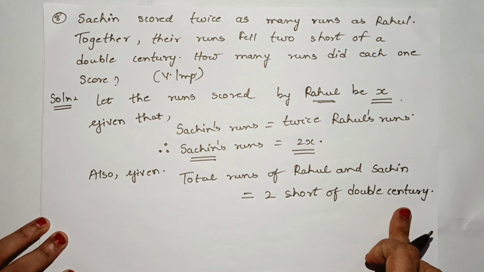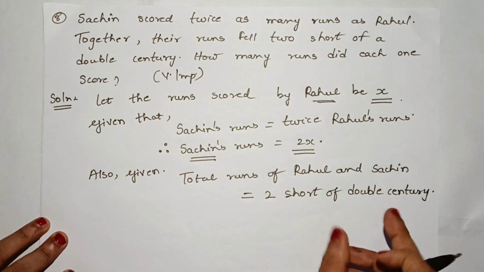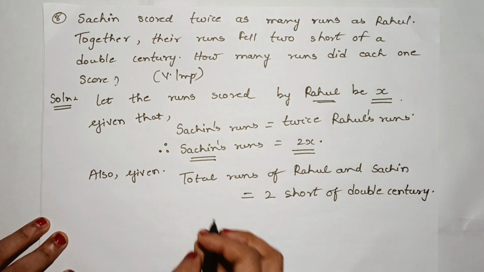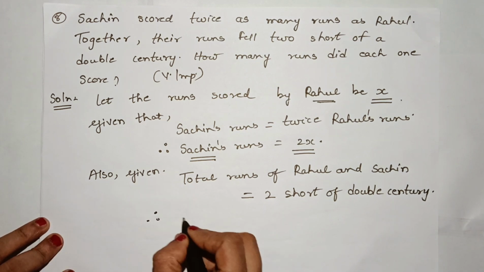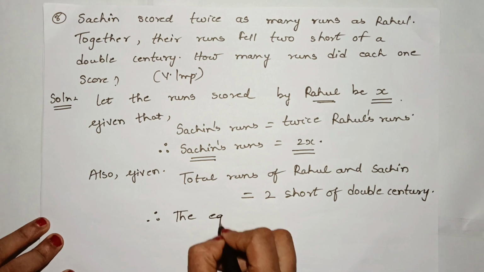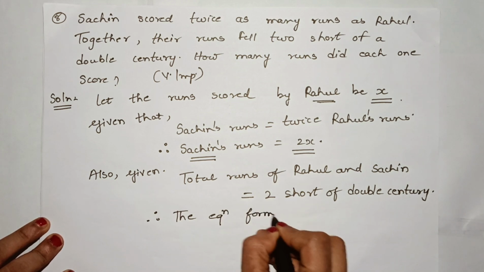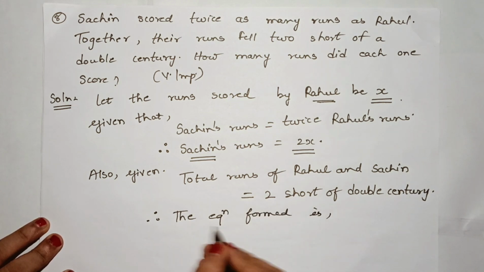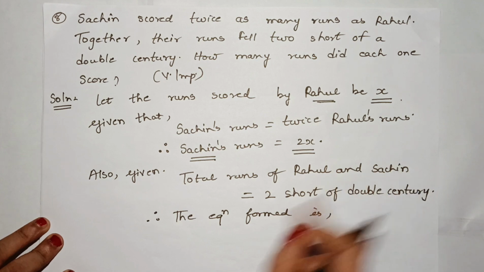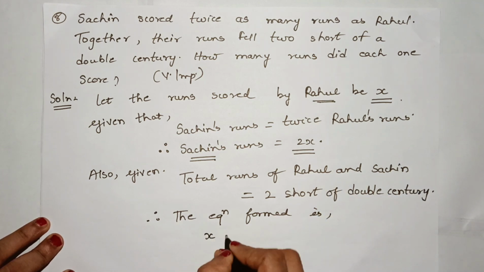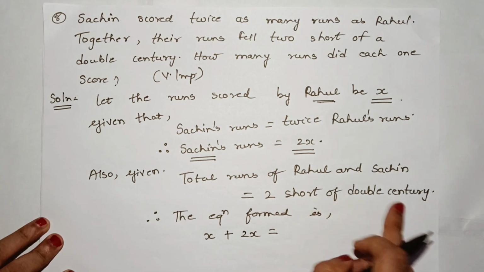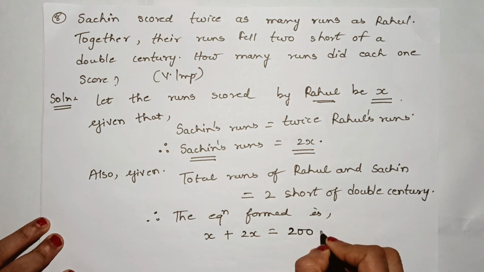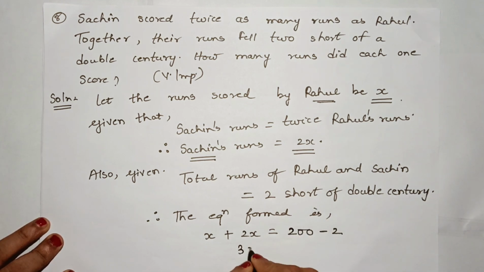Double century means 200, and 2 short means 200 minus 2. Therefore, according to the question, the equation formed is, total runs of Rahul and Sachin, x plus 2x equals 2 short of double century, 200 minus 2. Are you getting?